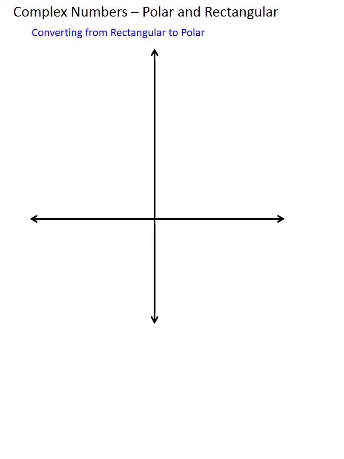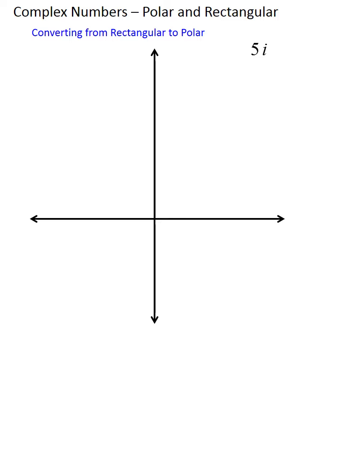Let's look at another problem where we're given a rectangular form of a complex number, and we're asked to convert it to polar. So how do we convert 5i into polar notation? Well, the only way to convert between rectangular and polar is to know where the complex number is in the plane.